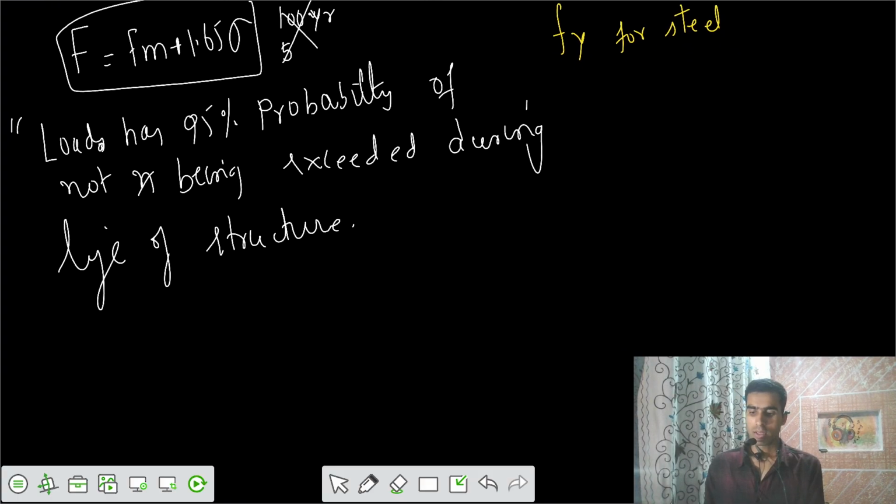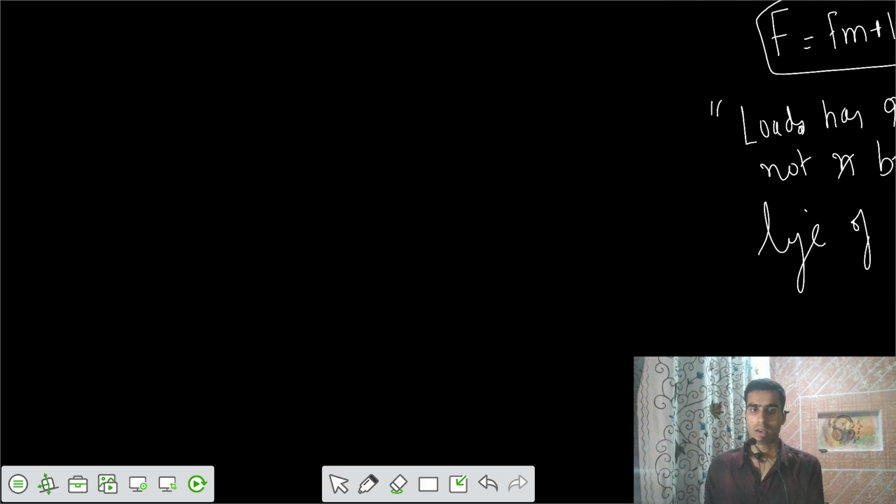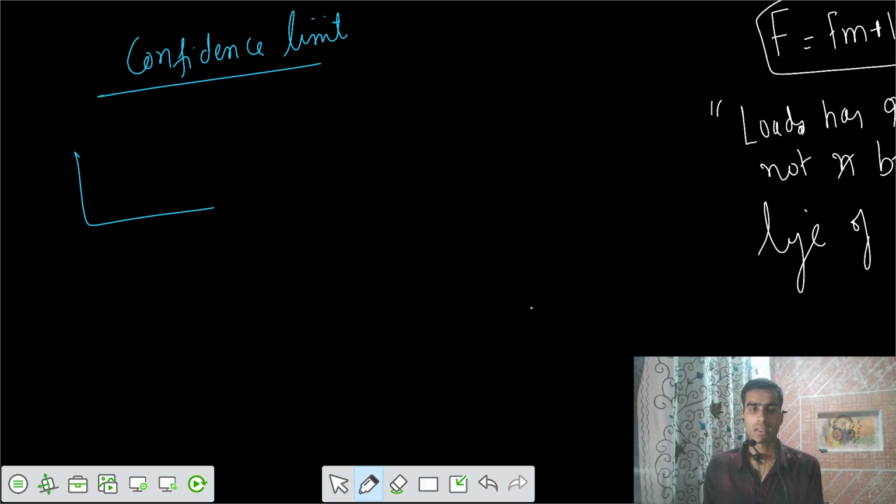Now the thing is that we have that confidence limit. It's similar to that in the concrete. We say that fck equals fm minus 1.65 sigma.